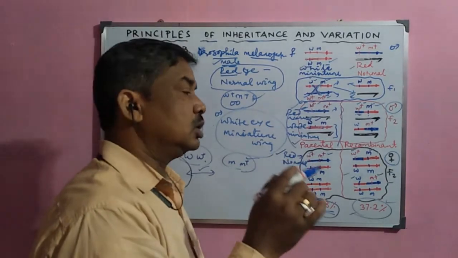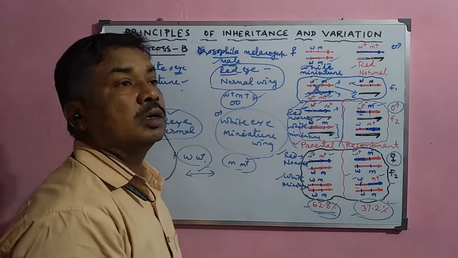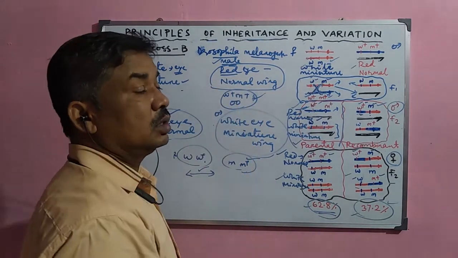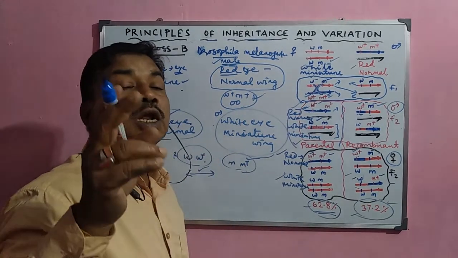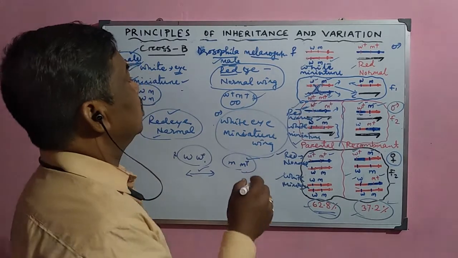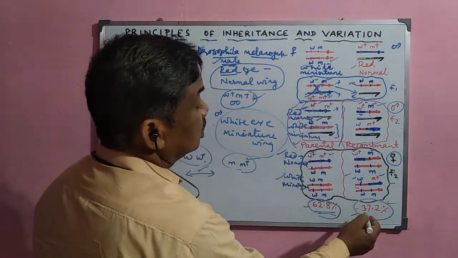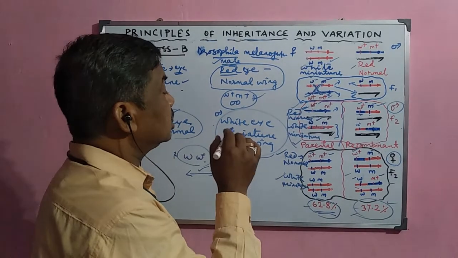So body color gene, that is your Y and Y plus, and your eye color gene, they remain close to one another. That is why their recombination frequency is only 1.37. But when the recombination frequency is 37.2, it is much higher because their distance is more.